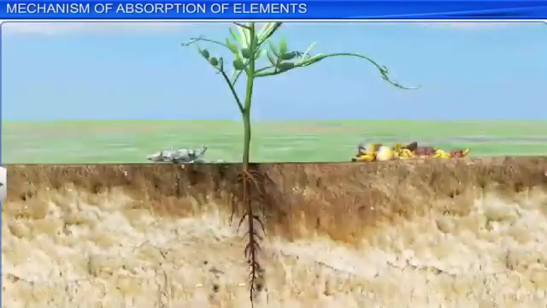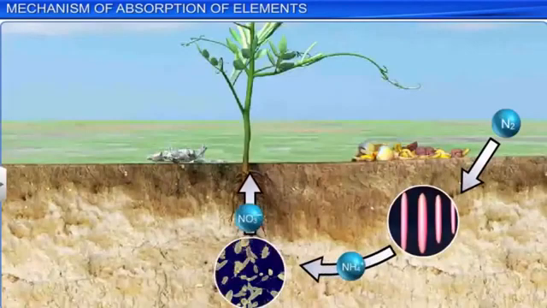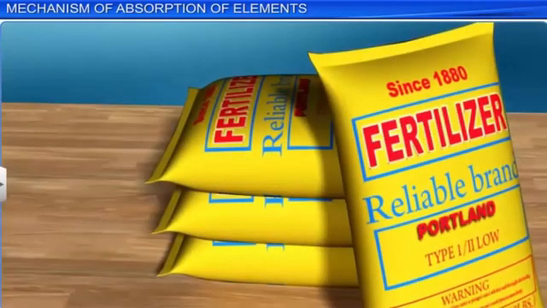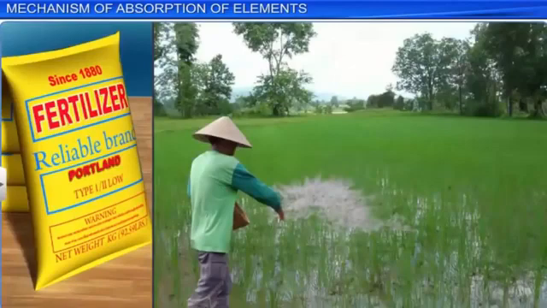Soil also contains microbes such as nitrogen-fixing bacteria, which help plants by fixing nitrogen from the atmosphere into the soil. The deficiency of minerals in the soil affects the plant, and hence, fertilizers that have the deficient mineral are added to the soil. This ensures the supply of the deficient element to the plant.